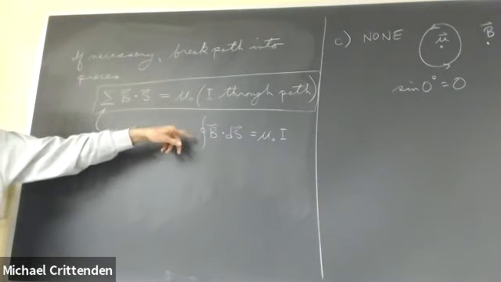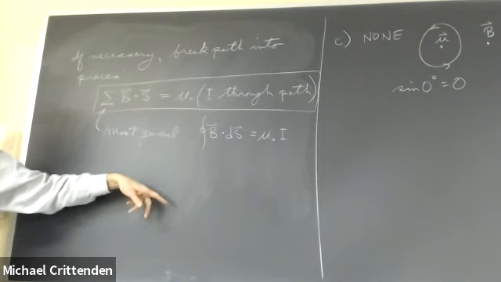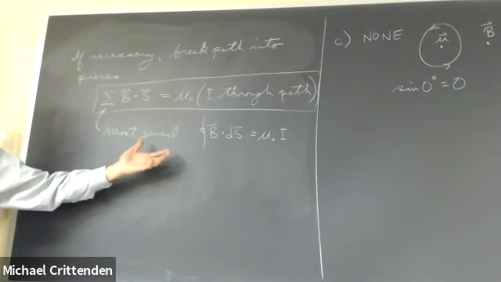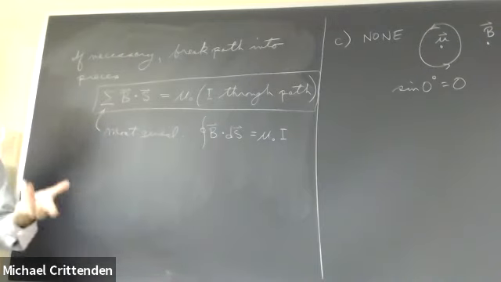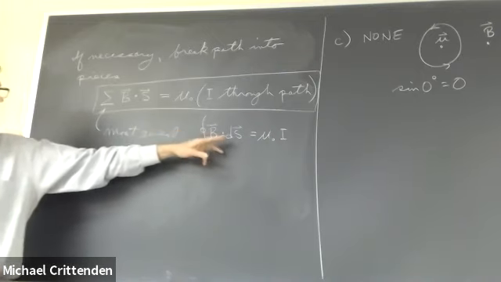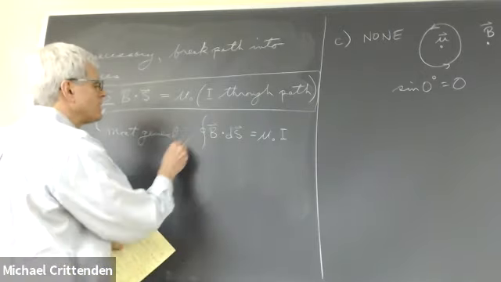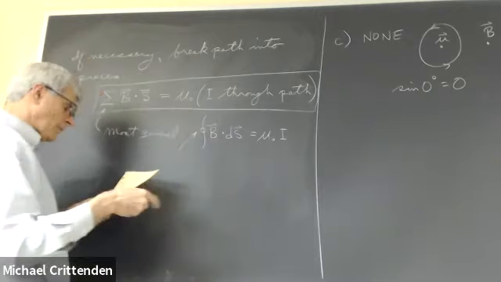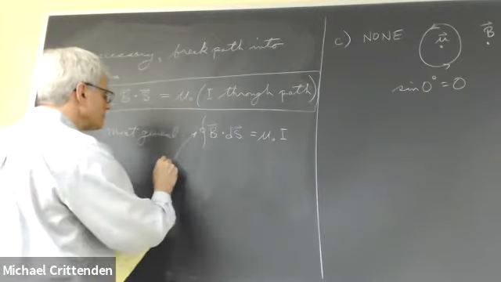And just like there was a little circle on the integral sign when I talked about Gauss's law to indicate that you have to integrate all over a closed surface, well, there's a similar meaning here, except it's a one-dimensional integral instead of integrating over a surface. So this time we're talking about integrating around a closed loop.